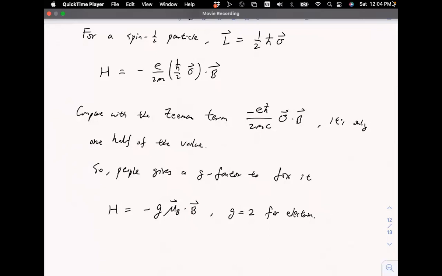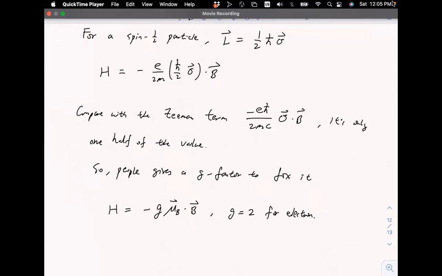The existence of spin is because of the consistency with relativity. So this G factor is also due to the Dirac equation, due to the consistency with relativity. So spin overall is a very interesting object. So this factor of 2, you see in other properties.